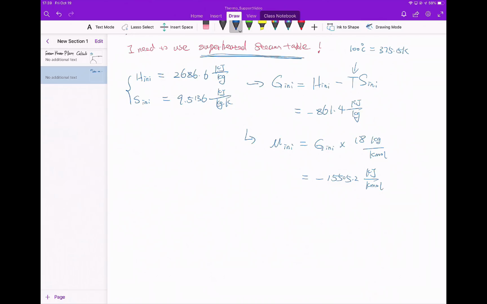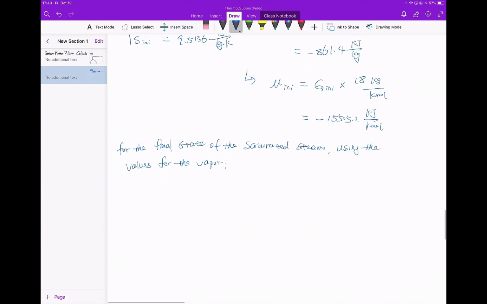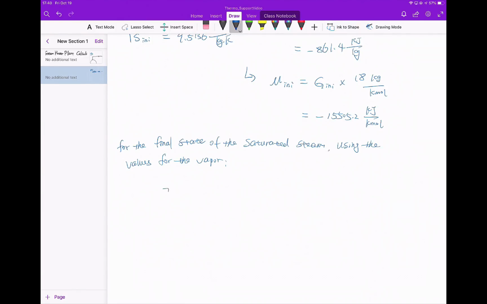Then of course for the final state, of the saturated state, using the values for the vapor, we can calculate G of the vapor, which is H of the vapor minus T S of the vapor.